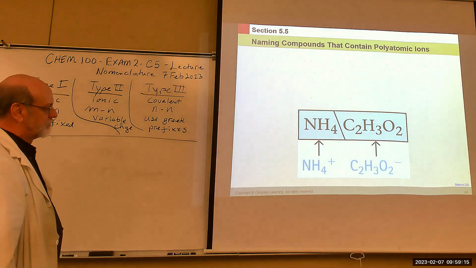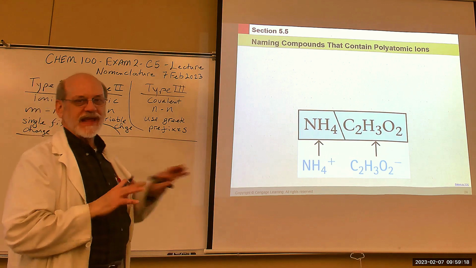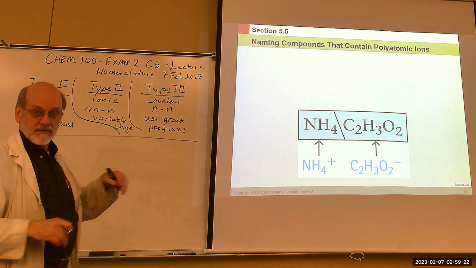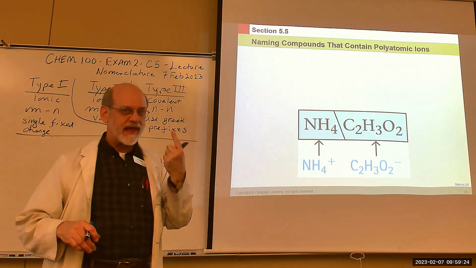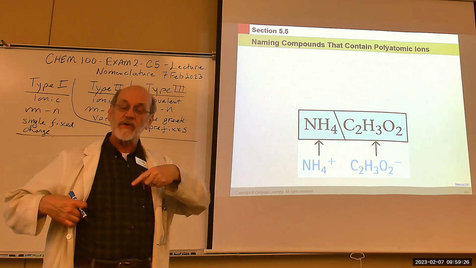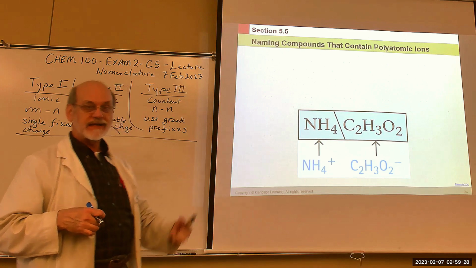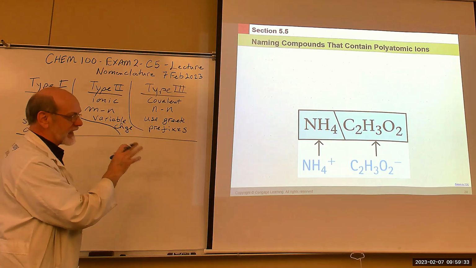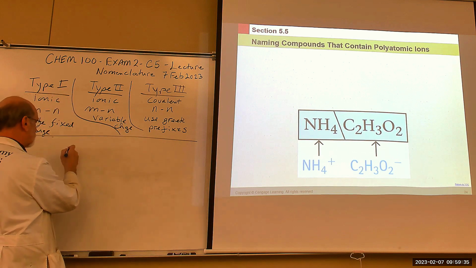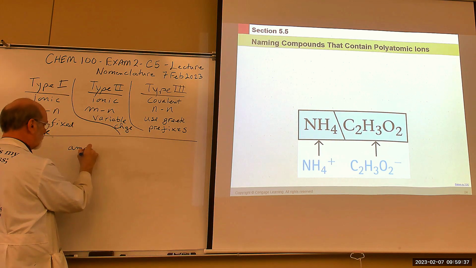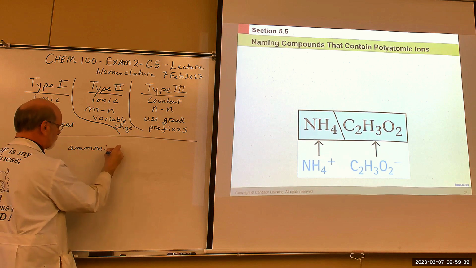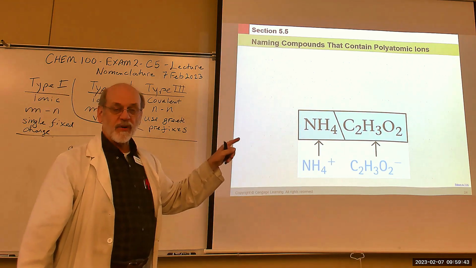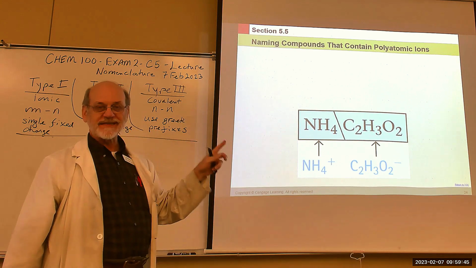All right, so examples of naming. In this case, we have that cation, the only cation in there, and we're going to pair it with another polyatomic. That's legal. We know that NH4 is ammonium, and the second part is a polyatomic called acetate.